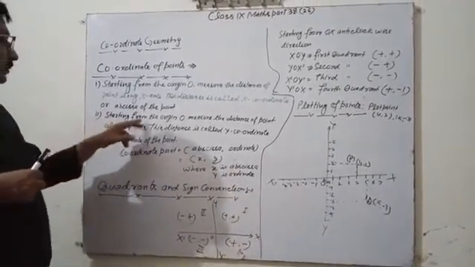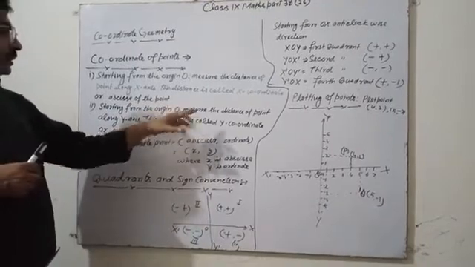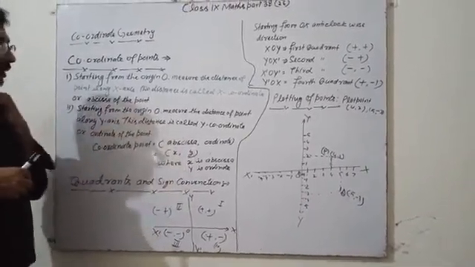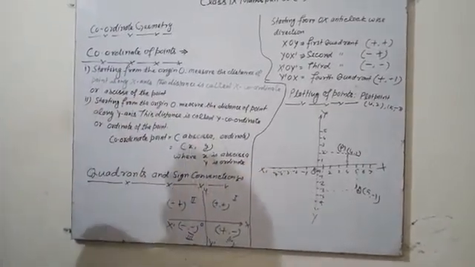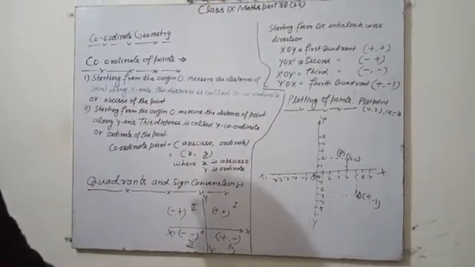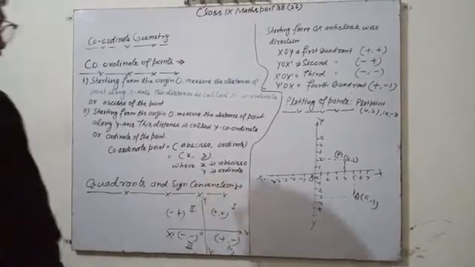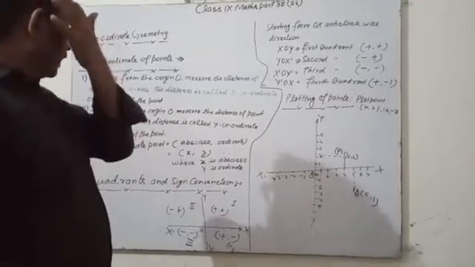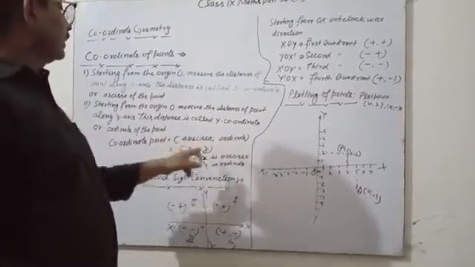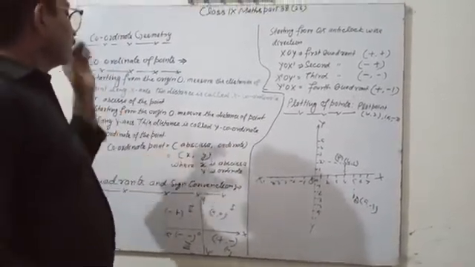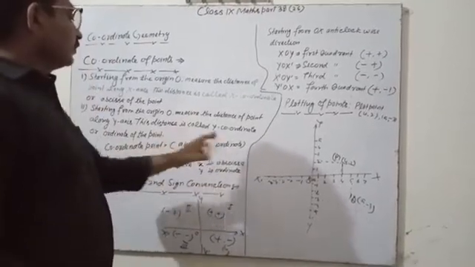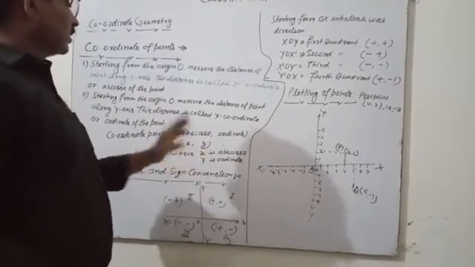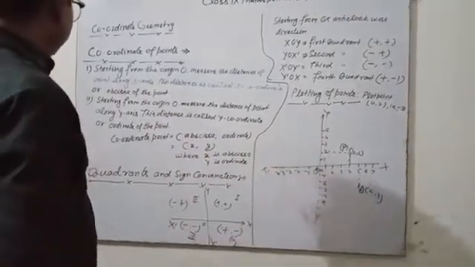And starting from the origin O, measure the distance of the point along the y axis. This distance is called the y coordinate or ordinate of the point. A coordinate point is written as an ordered pair, abscissa, ordinate. The first component is known as abscissa, the second component as ordinate: (x, y). Here x is the abscissa, y is the ordinate.